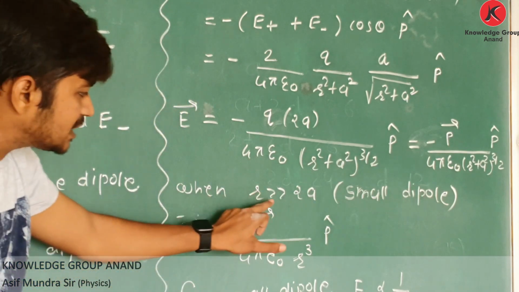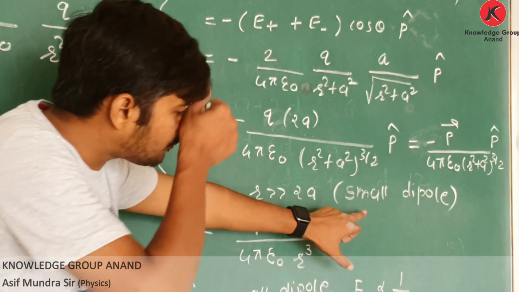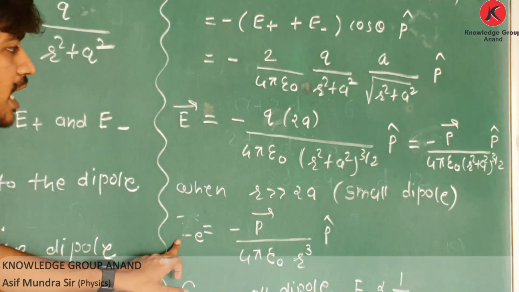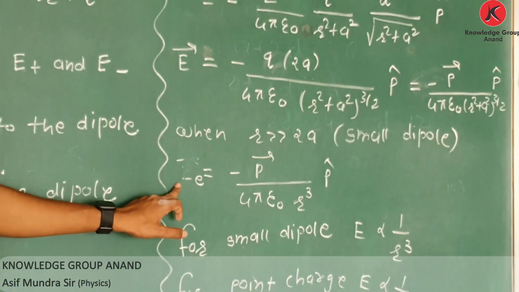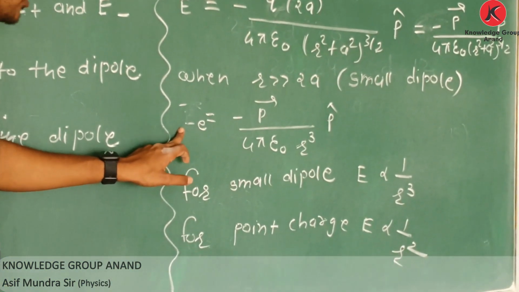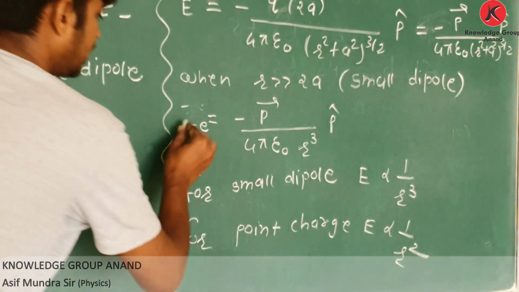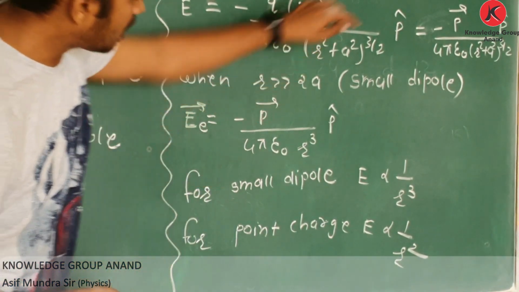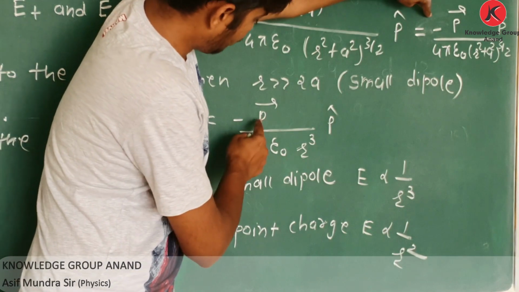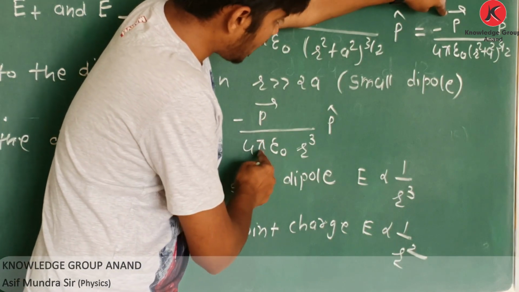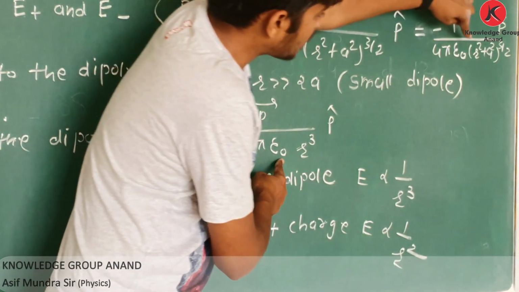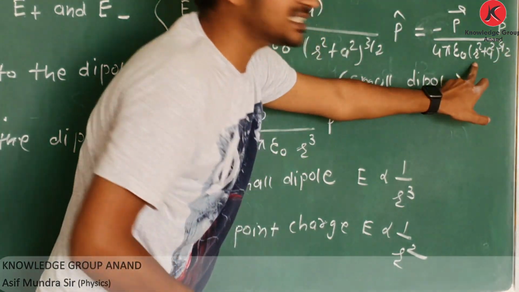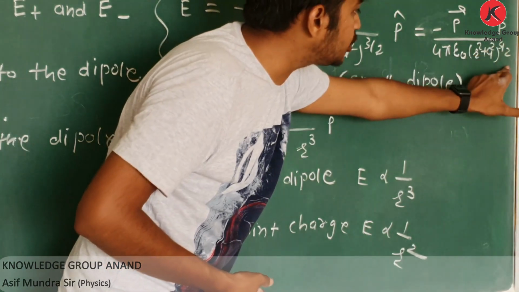Now when r is very much greater than 2a, or we can say for a small dipole, with respect to r you have to neglect a. So E, that is the electric field on equator, is equal to minus P caret upon 4 pi epsilon 0 r square, with a equal to 0, raised to 3 by 2.